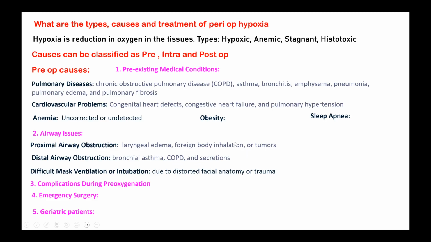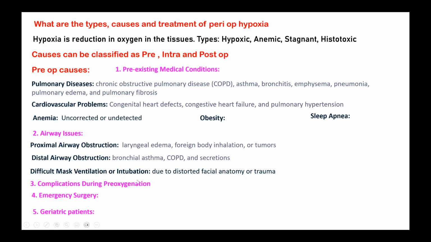This is more common as an emergency in the toddler age group of pediatric patients, or this may be because of anaphylaxis, where laryngeal edema can happen, or pre-existing airway tumors. They all can cause partial obstruction in the proximal airway, or distal airway obstruction, which can happen in bronchial asthma, COPD, or excessive secretions, which happen in cystic fibrosis and other conditions.